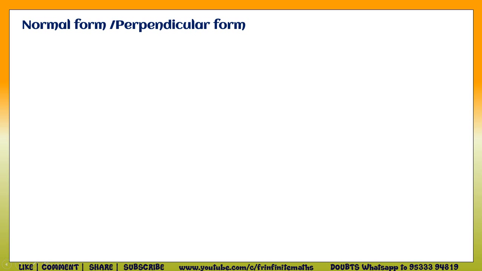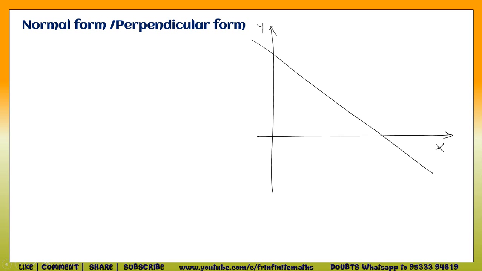In this video we are going to discuss the normal form. What is meant by normal form or perpendicular form? First of all, we have an x-axis as well as a y-axis, and my line intersects the x-axis and y-axis at two distinct points, say a and b.